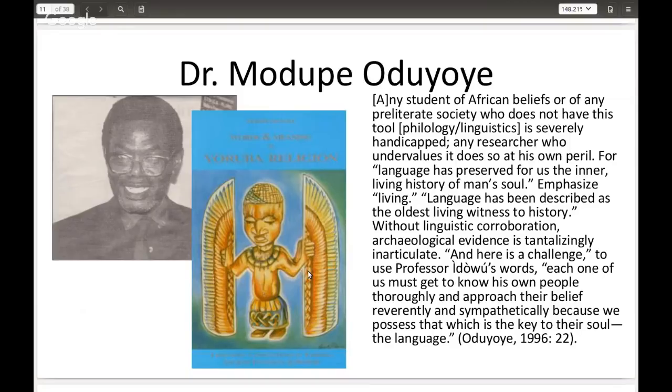And so for us in the diaspora, who are the children of enslaved Africans, whose ancestral memory for the most part has been erased, and we're trying to recover our ancestral traditions and culture and worldview, if you don't have linguistics as one of your tools, as an instrument of analysis, then you won't be able to fully understand that which you're trying to recover.